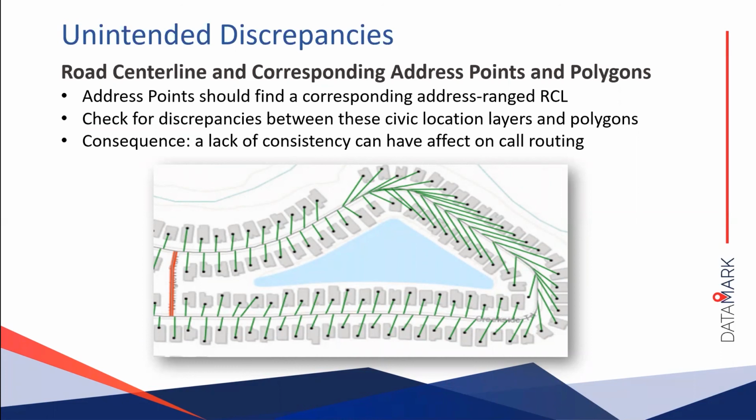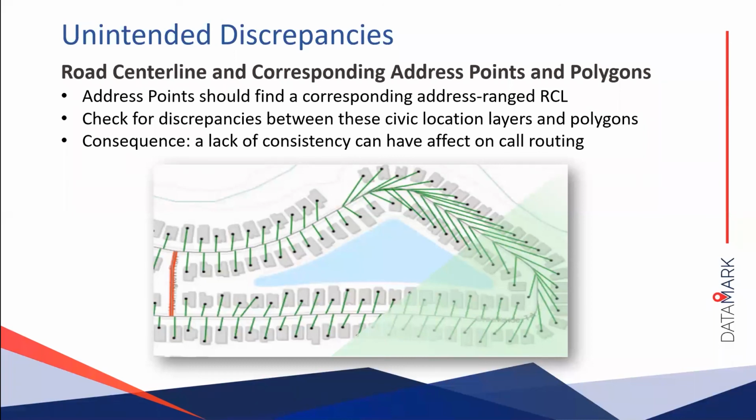And this slide here with the fish bones demonstrates exactly that. If you could bring in the boundary there, Sandy. Road centerline and corresponding address points and polygons should find the right boundary in the ECRF. And so you have to check for discrepancies between the Civic location layers and the polygons. Lack of consistency can have an effect on call routing, as is demonstrated here.